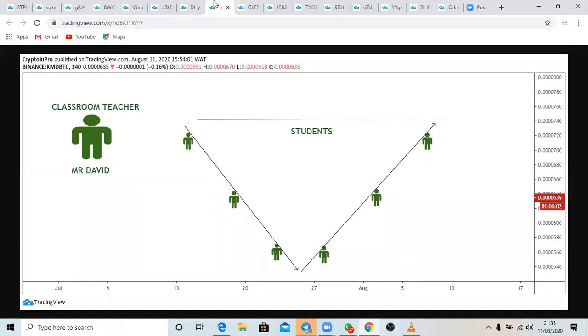Like I said earlier in Ufoma's question, what makes price break a support is when sellers are stronger than the buyers. That is, they broke the support beneath them. Let's say you are pushing against someone now, and when this person starts pushing you back, what happens?